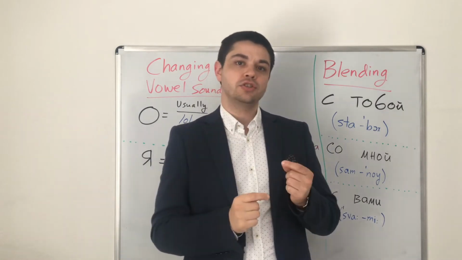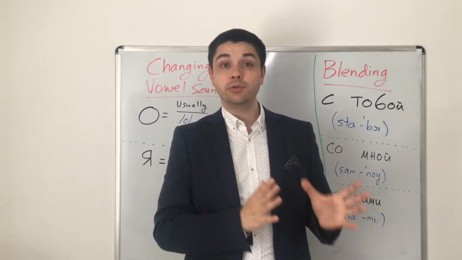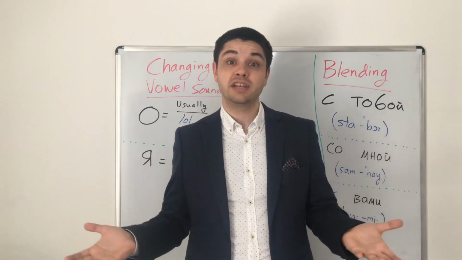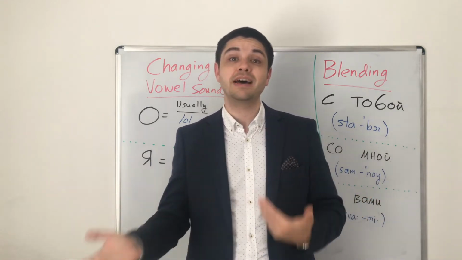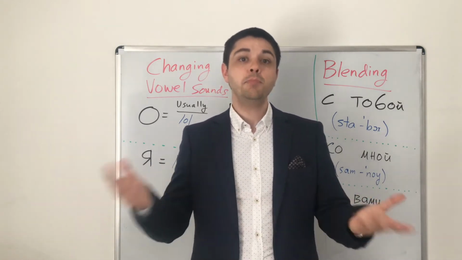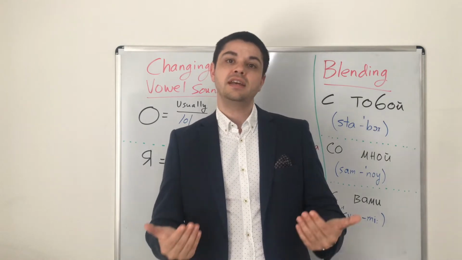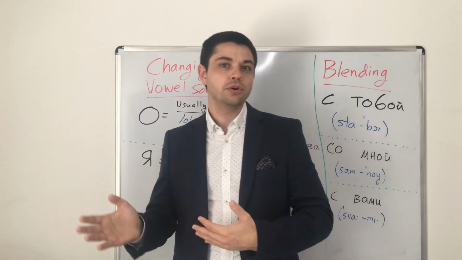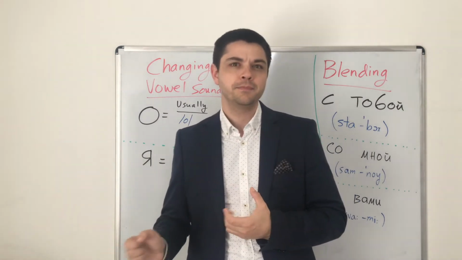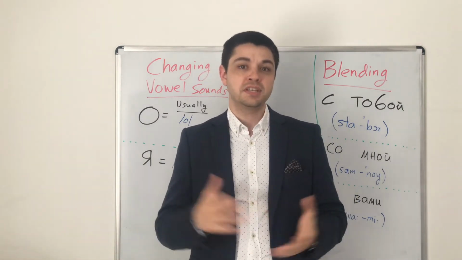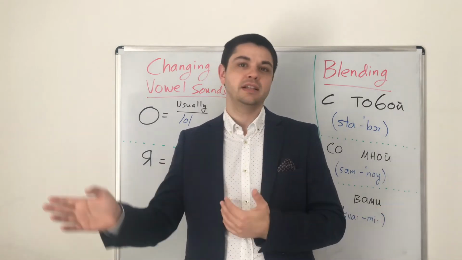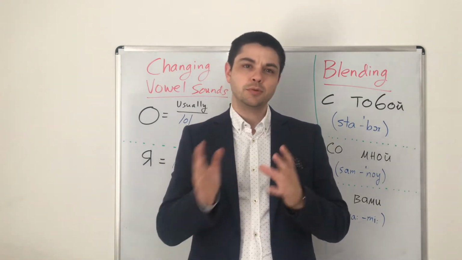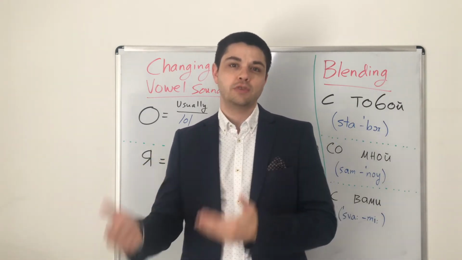If we change the stress and put it on a different syllable, then it will be harder for us to understand what someone wants to say because it won't sound right. If someone says it differently, then it sounds different, and we might think maybe that was a different word. Maybe they're just making a mistake, right? So that's what we're talking about when we're talking about stress.